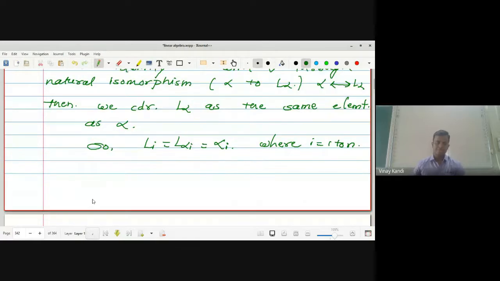Thus V double star, which is equal to what? B. Okay, what are the elements of B double star? L1, L2, L3, up to Ln, which is equal to alpha 1, alpha 2, up to alpha n. Hence the proof. Any doubt?